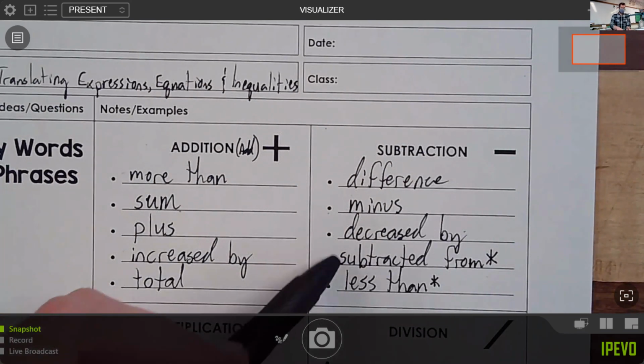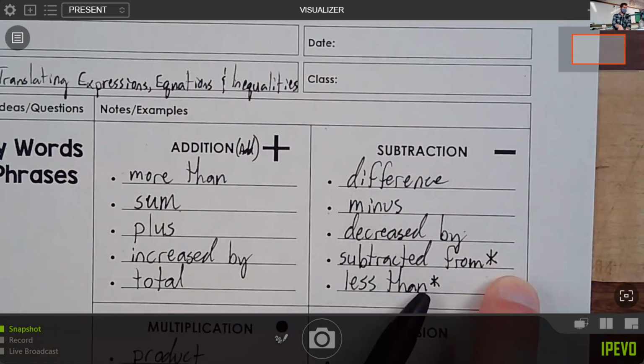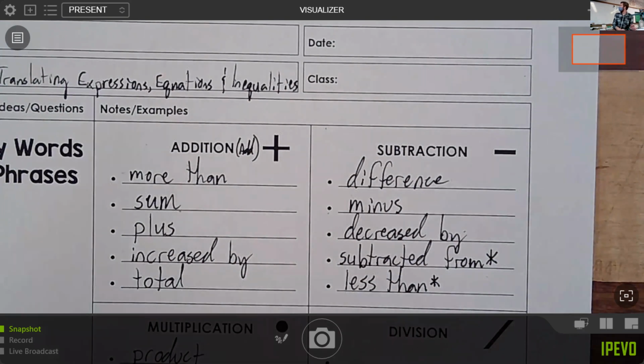So I'm just going to highlight those for now because we have to address these in a few minutes. It's one of the more confusing things and one of the things that definitely throws people off when we're writing these phrases. All right, moving on to multiplication.